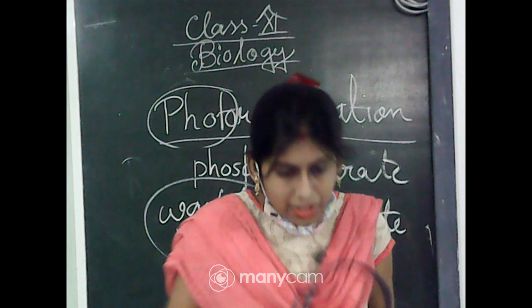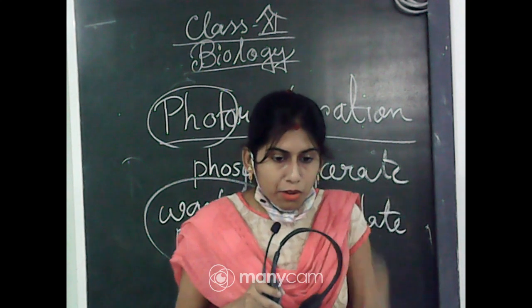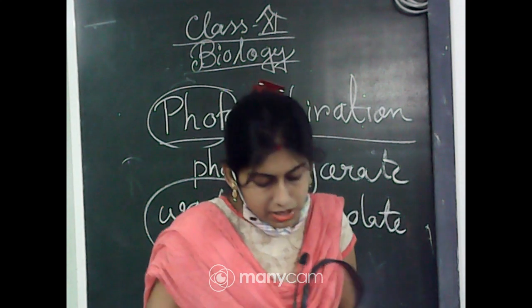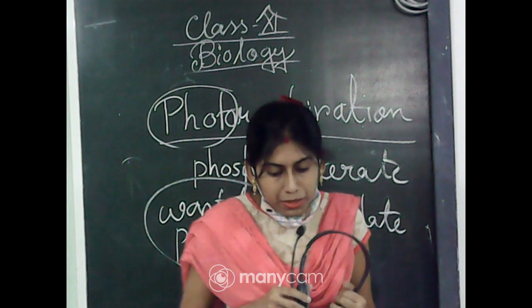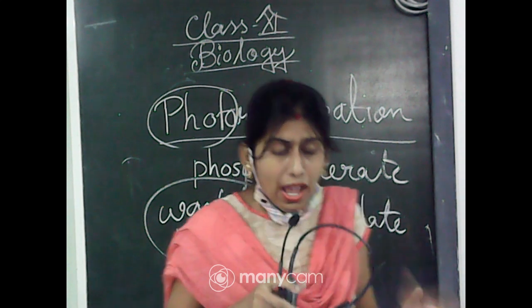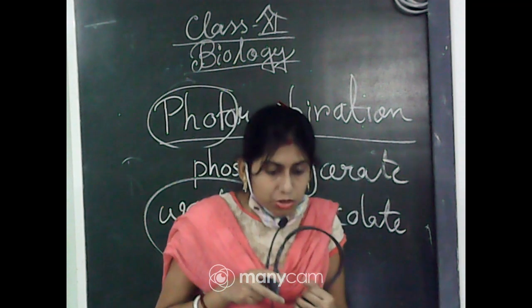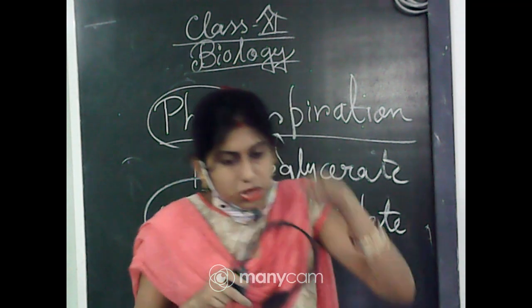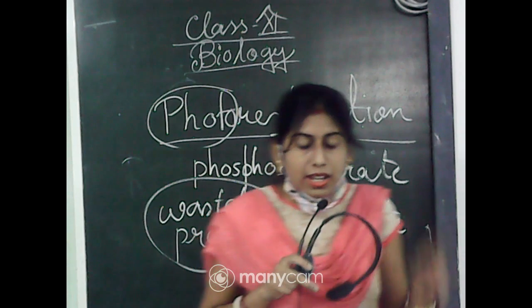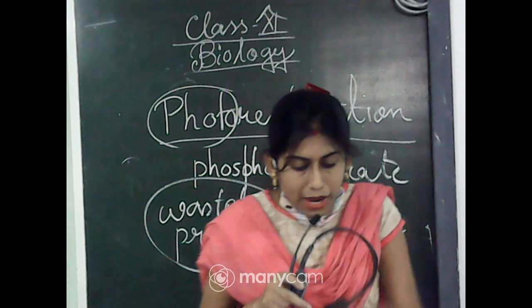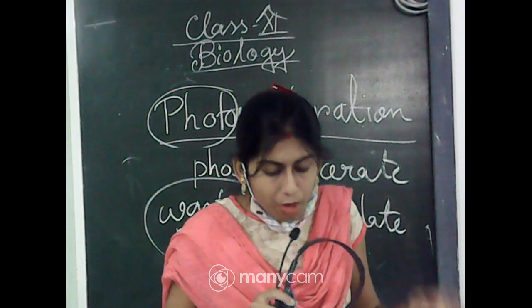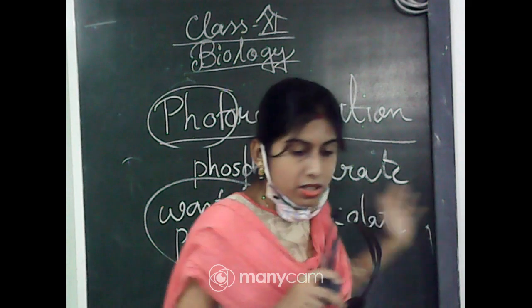Now I have mentioned that in C4 plants photorespiration does not occur. Why? Because they have a mechanism by which they can increase the CO2 concentration. If CO2 concentration increases, then the Rubisco enzyme will not bind with the oxygen, so photorespiration will not take place.